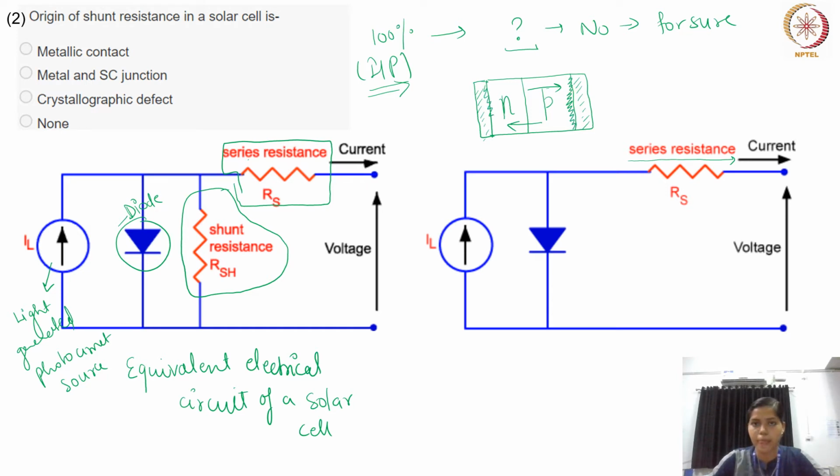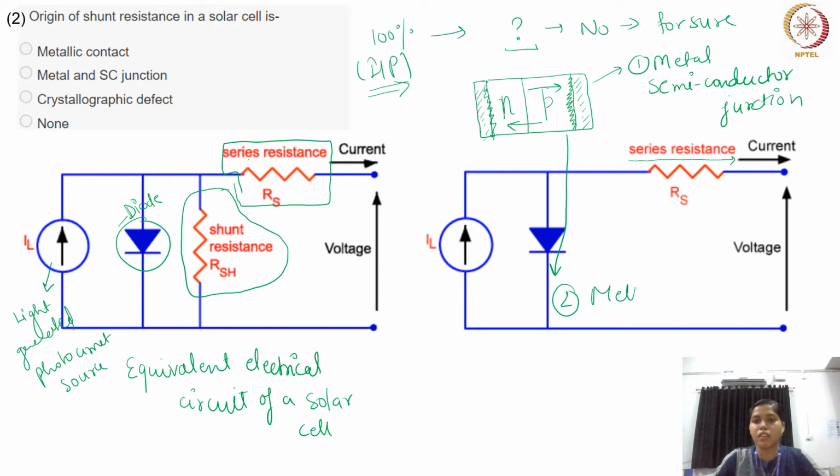It can be due to the metal semiconductor junction, and it can also be due to the metallic contacts.